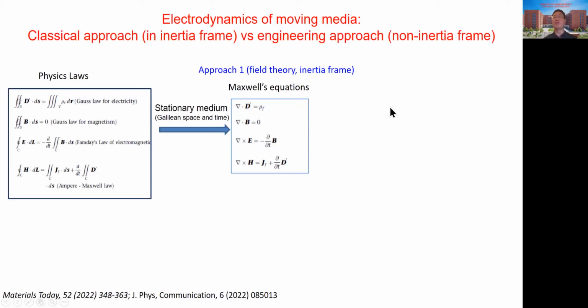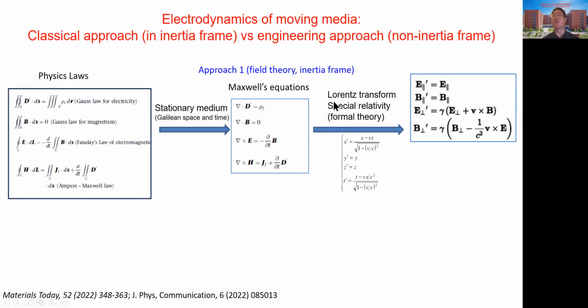If you look at what theoretical physicists do, they start from the physics laws in integral form. By assuming a stationary medium approximation, they derive the differential form of Maxwell equations for stationary media. Then they say the observer can move, using the Lorentz transformation.